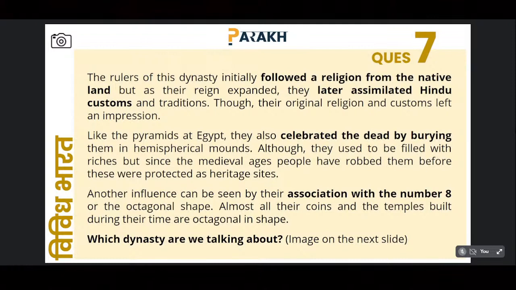So here we are talking about a dynasty and given a structure. So you have to identify the dynasty. Please move to the image slide.